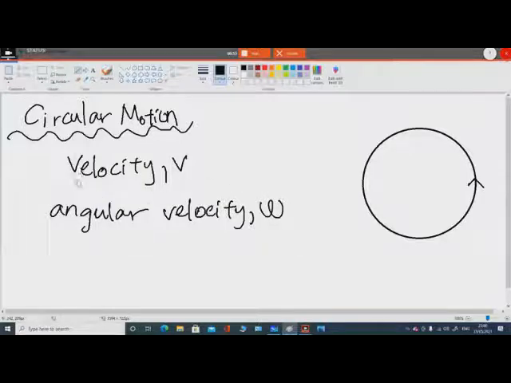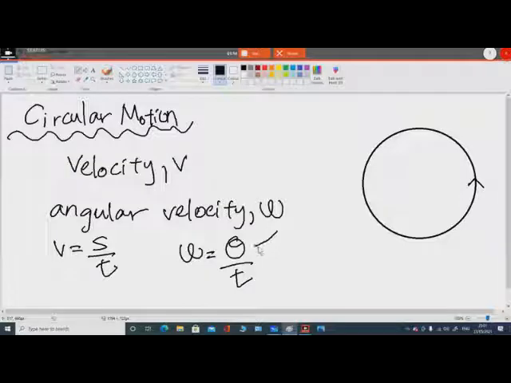The basic equation for velocity is displacement over time, since velocity is the rate of change in displacement. As for angular velocity, we have the rate of change in angular displacement.